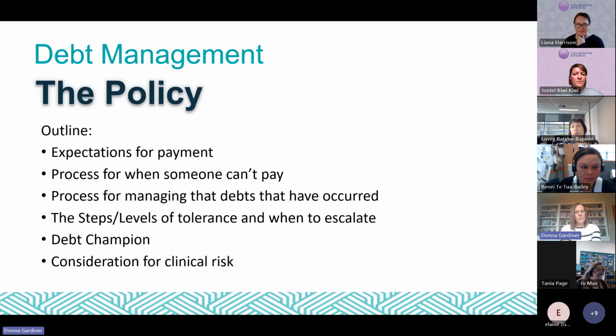So with the policy section, we just put in what sort of things you might want to include. The practice's expectation for payment, just outlining what that is, including the process for when someone can't pay, the process for managing debt when it has occurred, and having some levels or steps of tolerance, whether that's a dollar amount or an amount of consultations or a period of time.